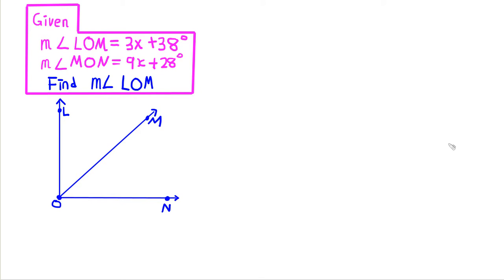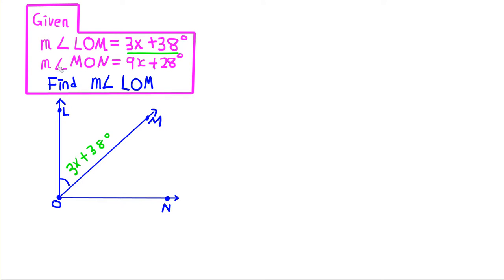So in this video, I'm going to talk about the first example of solving the equation for the angles right over here. It says the given measure of angle LOM is equal to 3x plus 38 degrees.